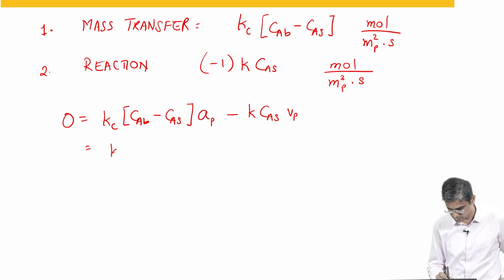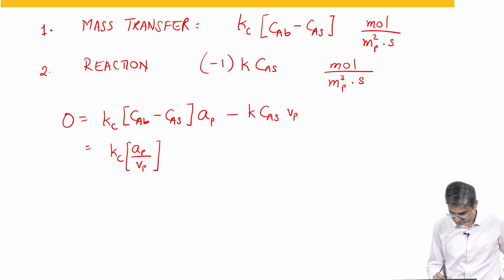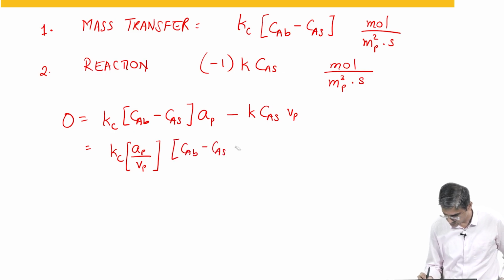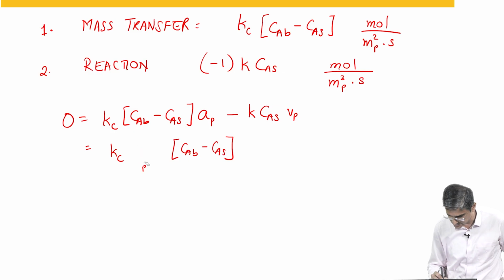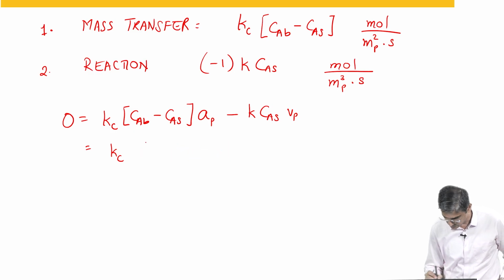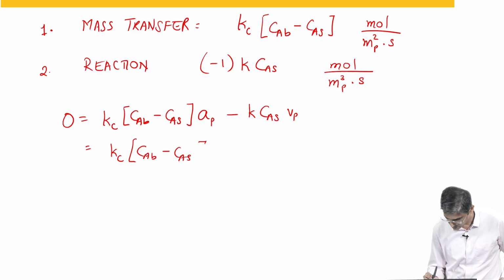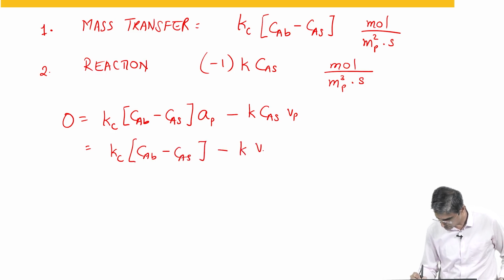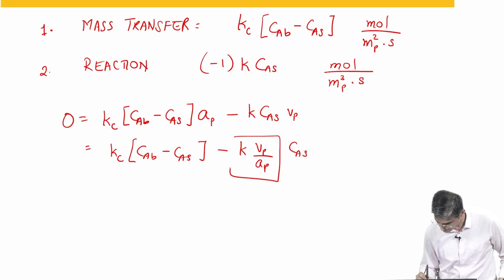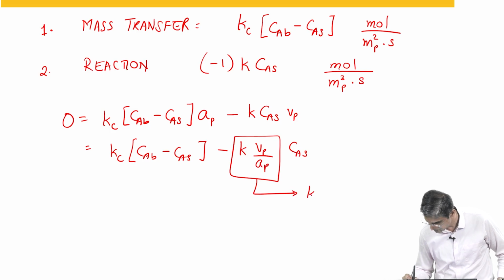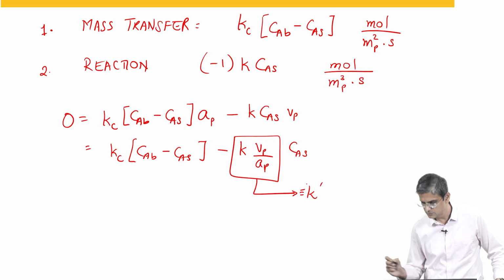So, this is going to be Kc AP by Vp, or we can write this as, this is your K dash.